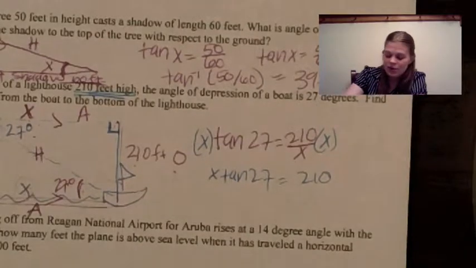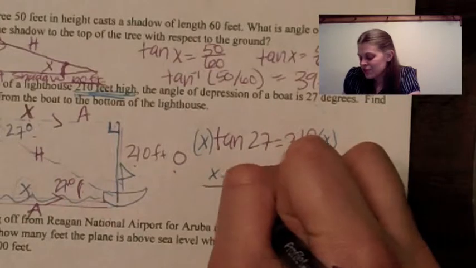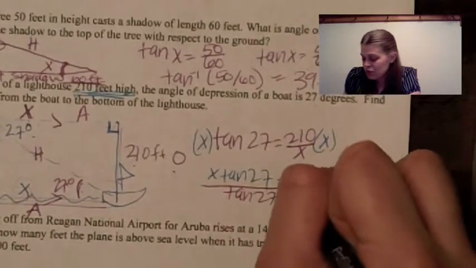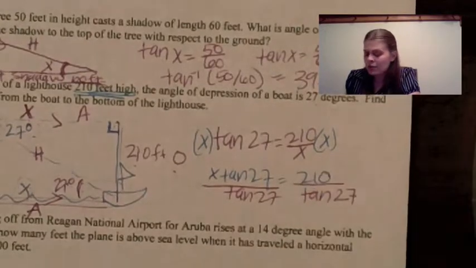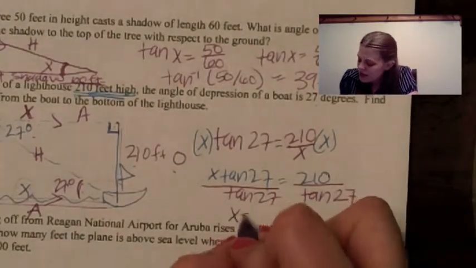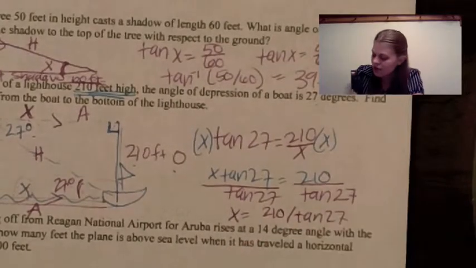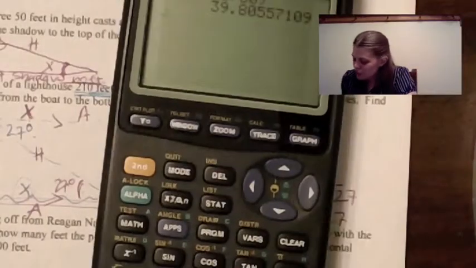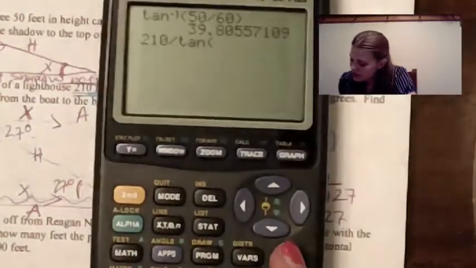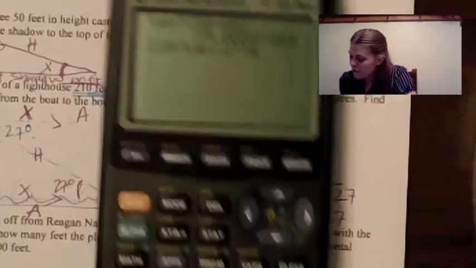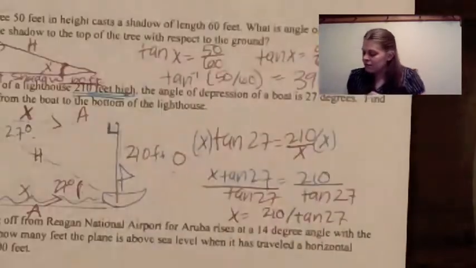Well, to get the x by itself, I have to divide by the tangent of 27, which we came across when we were looking for a missing side a couple days back. So I have x equals 210 divided by tangent of 27. So in your calculator, I have 210 divided by tangent of 27. Okay, so I hit enter and I get 412.15.